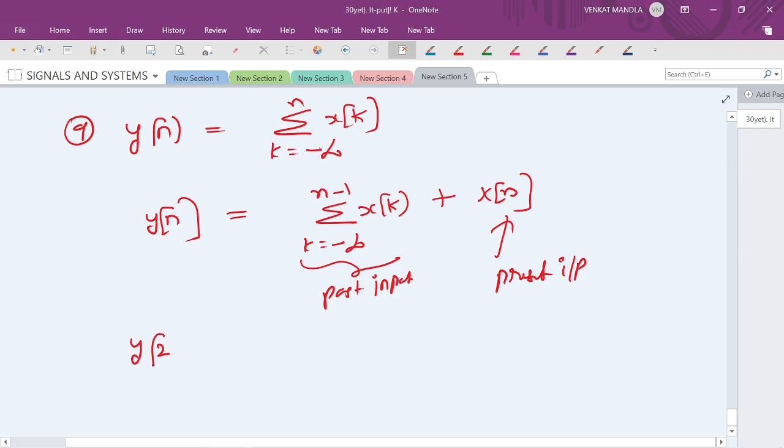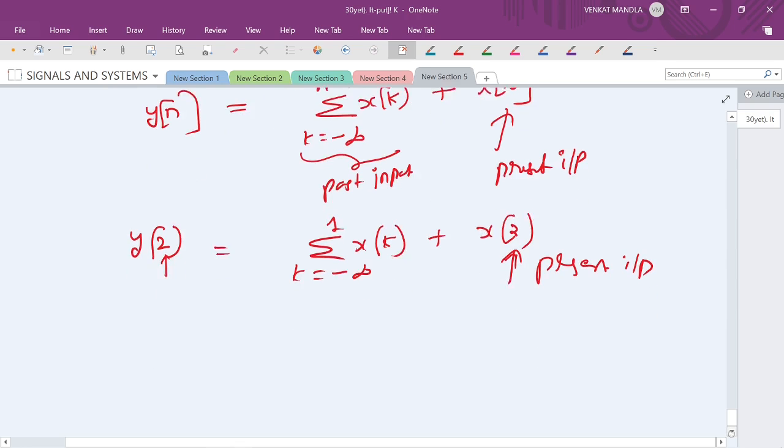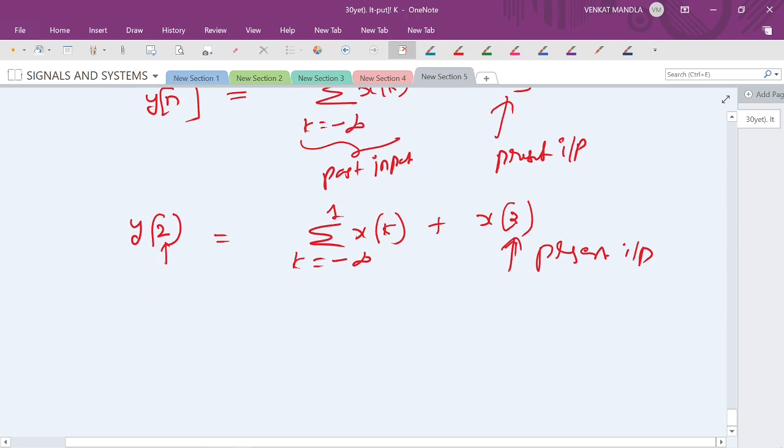y[2] equal to sigma k equal to minus infinity to 1 of x[k] plus x[2]. This is present input, because 2 and 2 both are same. But here minus infinity to 1, these are past inputs.